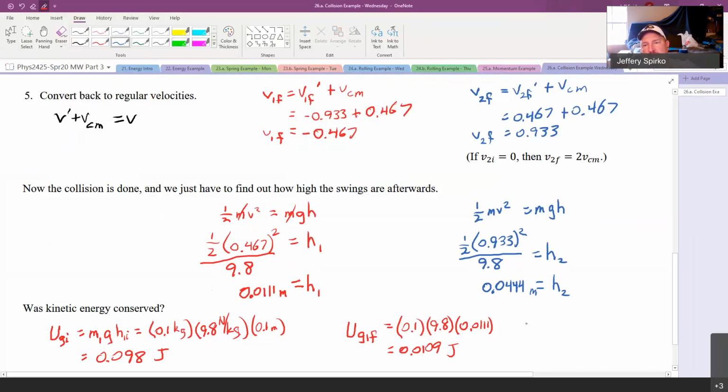And then we can calculate the other one. UG2 final is, it had a mass of 0.2, 0.8 and 0.04.